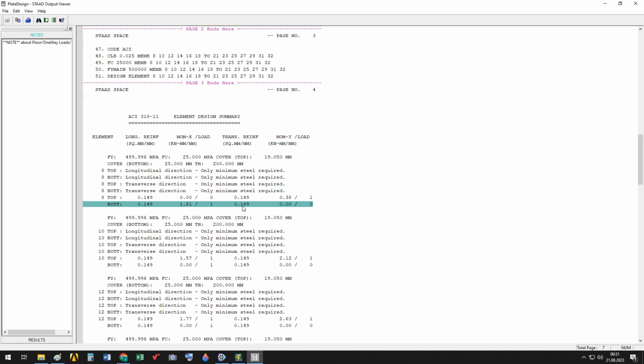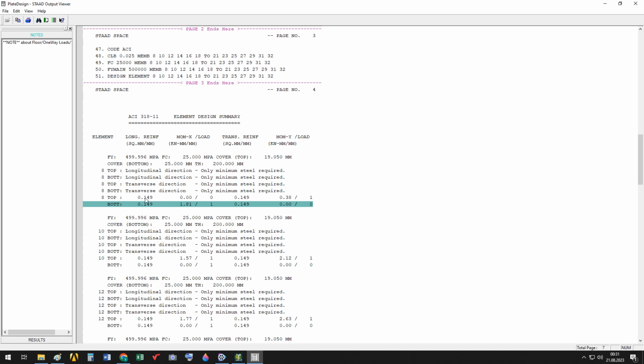In the transverse direction at the bottom, that's the reinforcement area, but the moment value my is 0. My is 0. Okay.